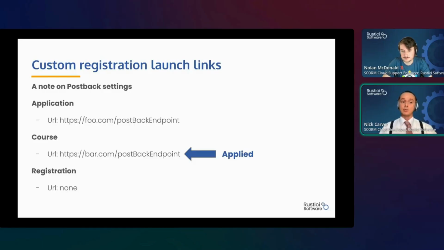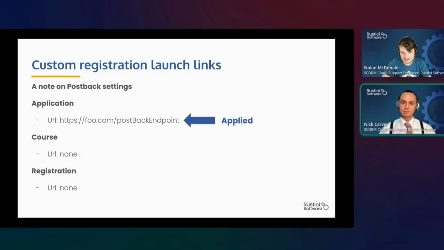But if you don't add a postback URL at the registration level, but you have one at the course level, the registration will use the one at the course level. And similarly, in this example, the registration doesn't have a postback URL and the course doesn't have a postback URL. It's only the application that has the postback URL. So the registration postback data will be sent to the URL at the application level.